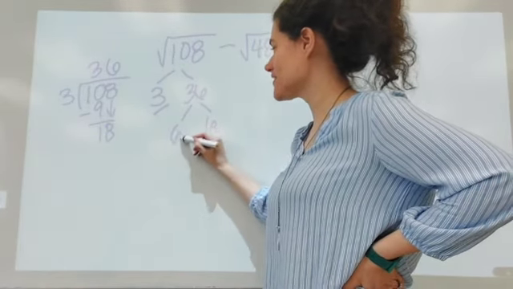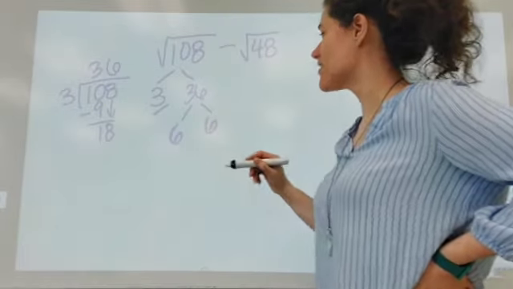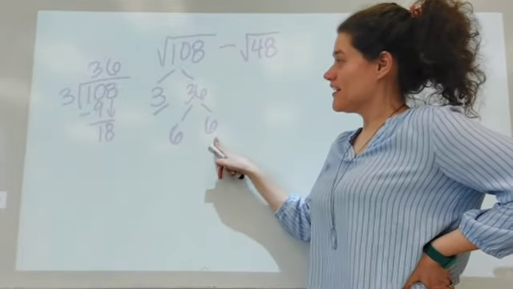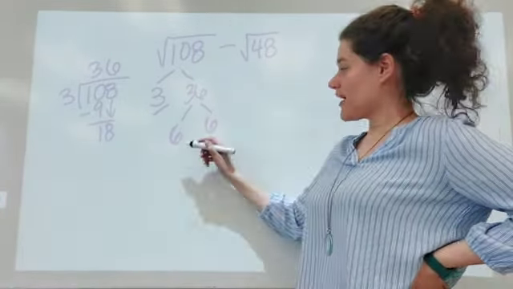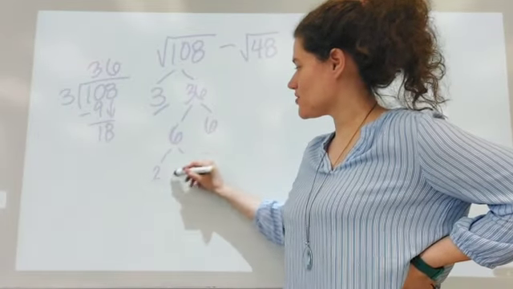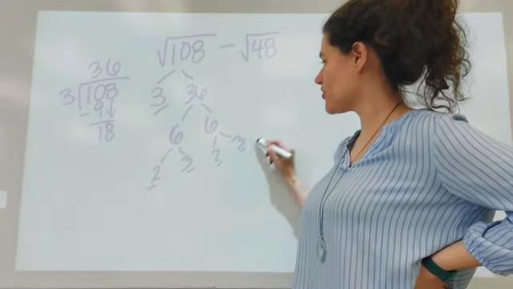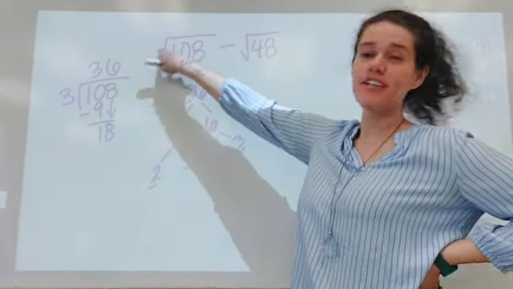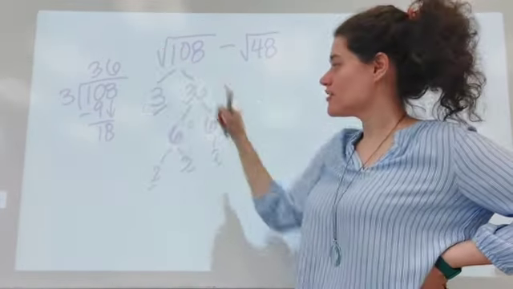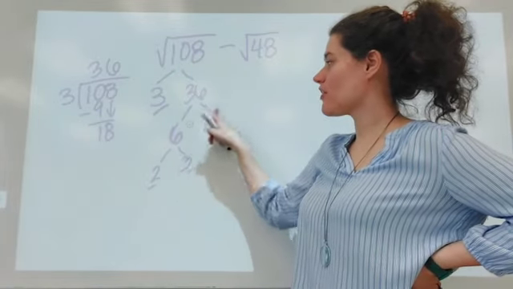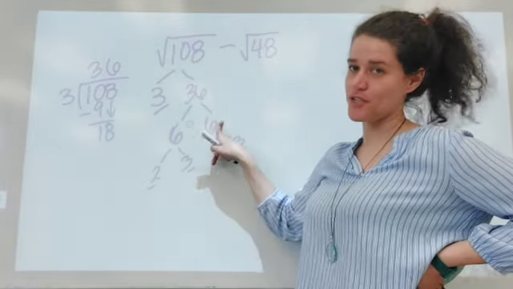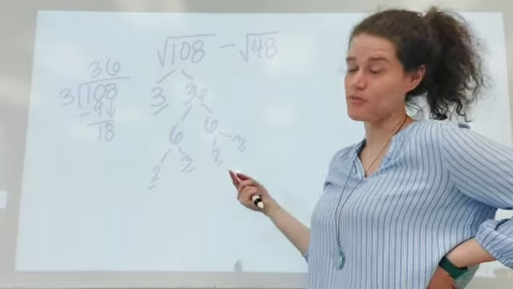Now, technically, the 6s, they can go further, right? You can separate that into 2 and 3 and 2 and 3, but I know I'm looking for groups of 2 here. So actually, if I've already got a group of 2, I could just use that group of 2.